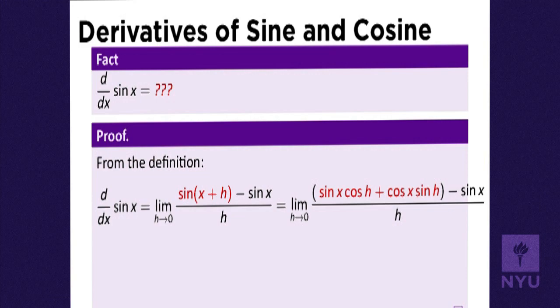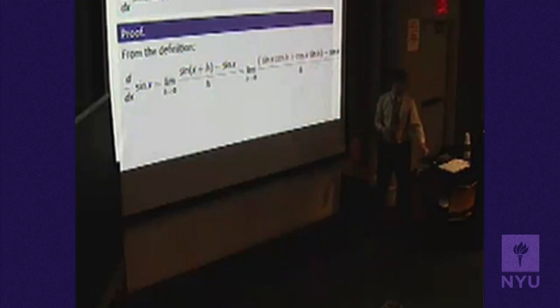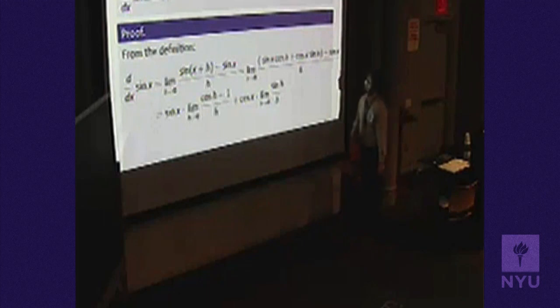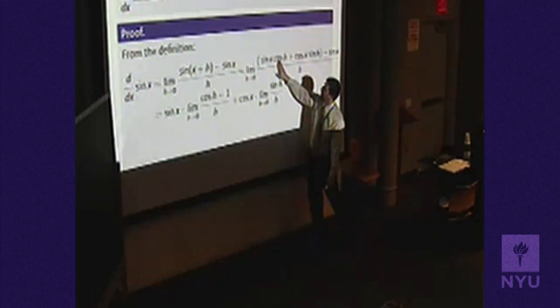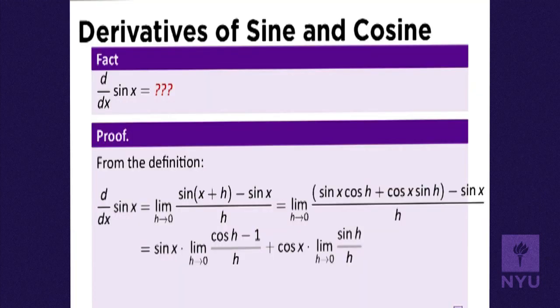I have sine x and sine x. So I can factor out sine x from those two terms. And this one I can't factor out anything, but I can at least break it up a bit as sine x times cosine h minus, well, sine x times 1 plus cosine x times sine h.